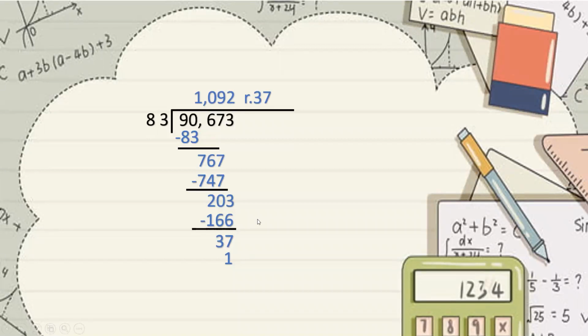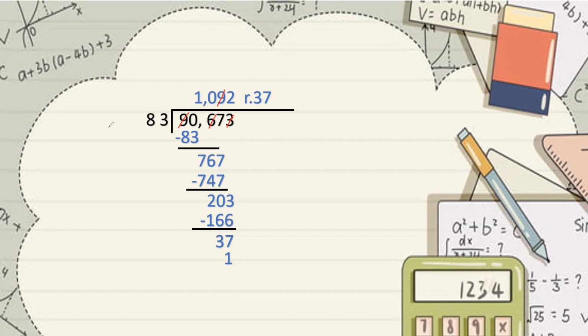We have 83 divided by 19,673. Remember, we have to find all number nines. 9 cross out. 6 plus 3 cross out. Number 9 cross out.